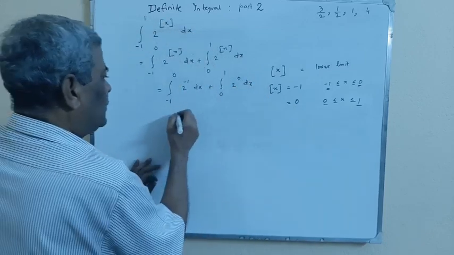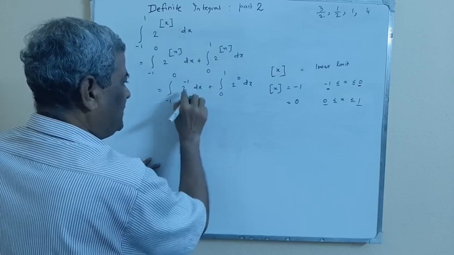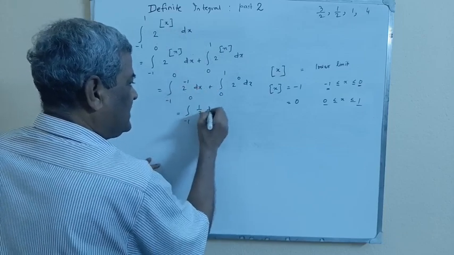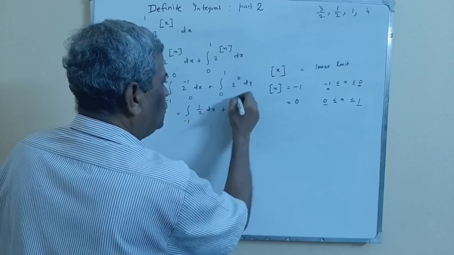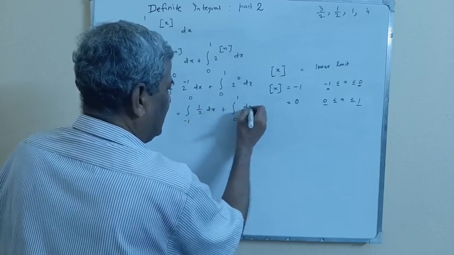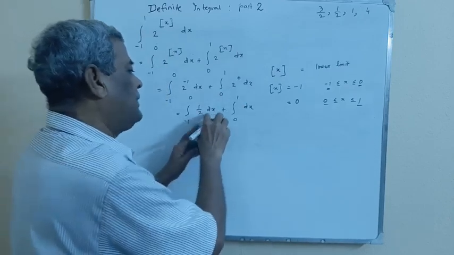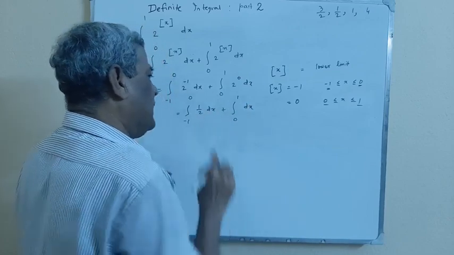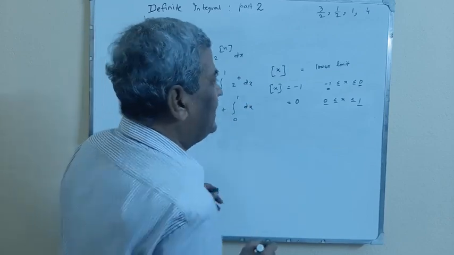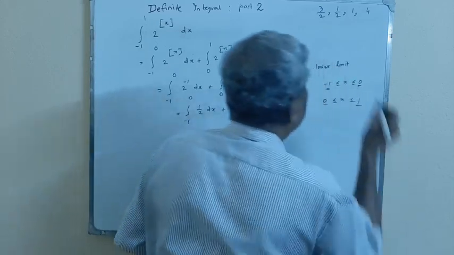So it is the integral from minus 1 to 0 of half dx plus the integral from 0 to 1 of 1 dx. Now the case is extremely simple. This is half x, this is only x. Put the limits, lower limit, upper limit, and the result is 3/2.